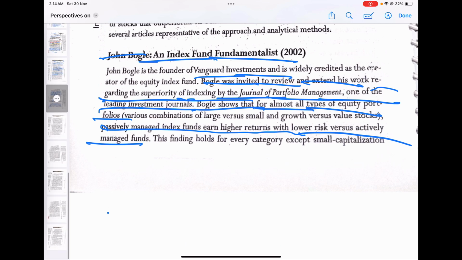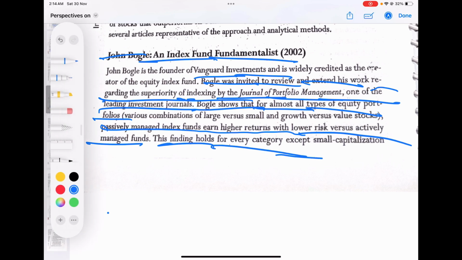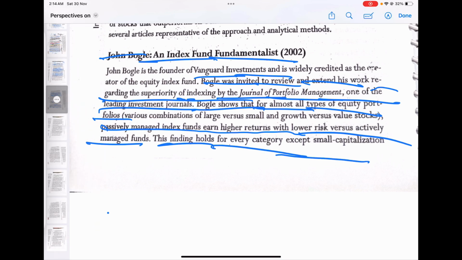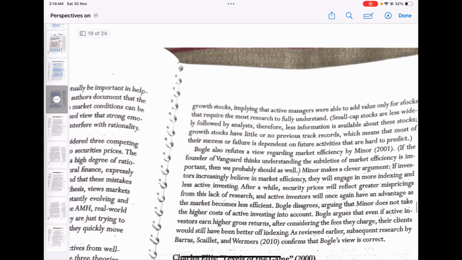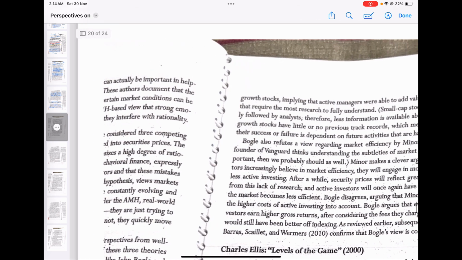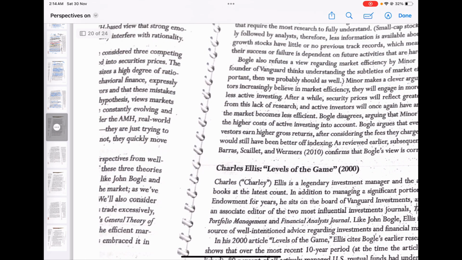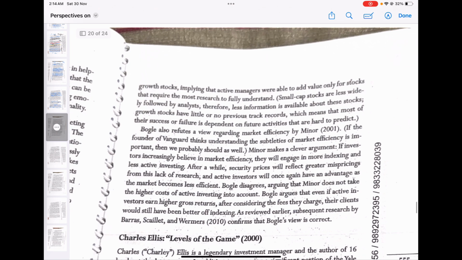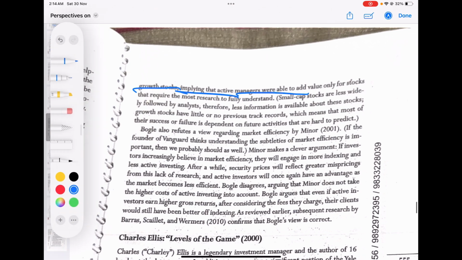It is a very individual kind of thing, right? This finding holds for every category except small capitalization growth stock, implying that active managers were able to add value only for small cap, which required the most research to fully understand.